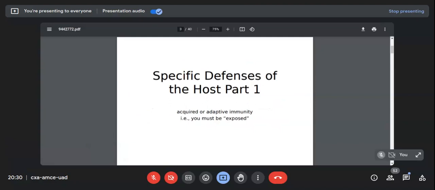So for you to activate adaptive immunity, you must first be exposed. This is a statement I've written for you. You must first be exposed. For you to activate adaptive immunity, there must be an exposure. By exposure, there must be an exposure to microbes somewhere or before, or more of a sensitization, in other words.